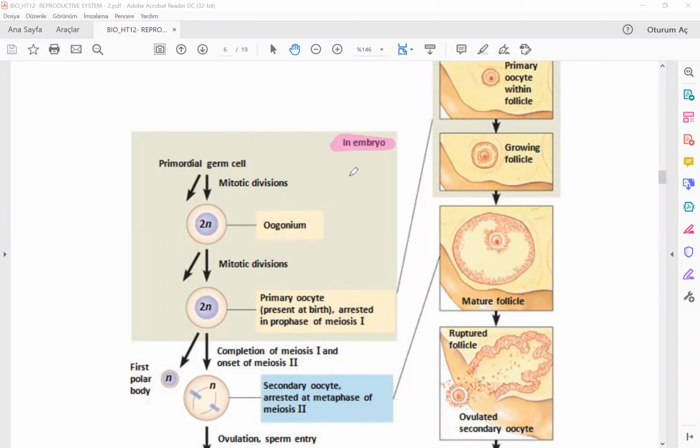During the embryologic period, the primordial germ cell can be divided into oogonium. These oogoniums are diploid cells, and they can increase their number with mitosis during the embryologic period, not in the adult.